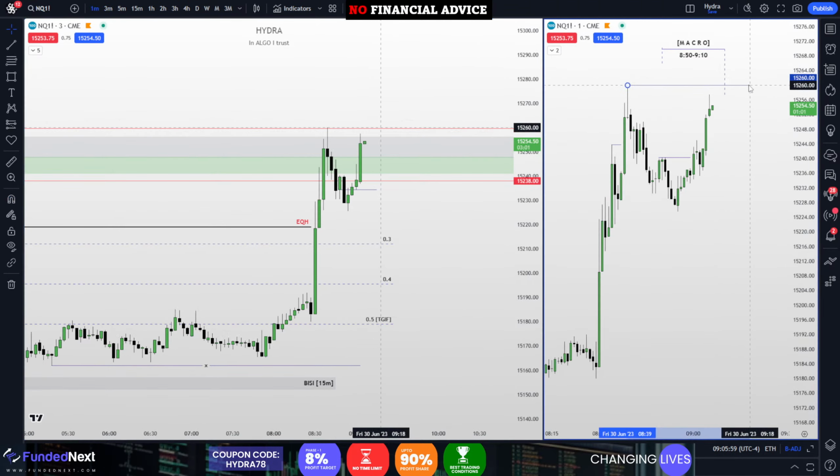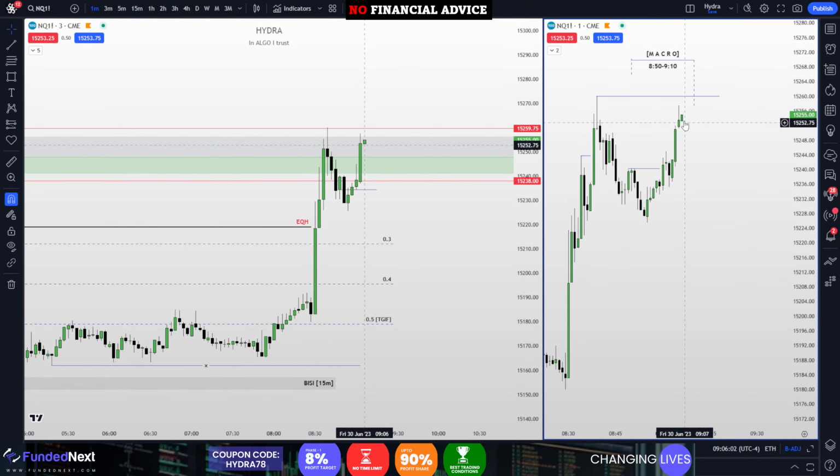So let's see if a breaker block forms here. I want to see some down close candles here, okay?